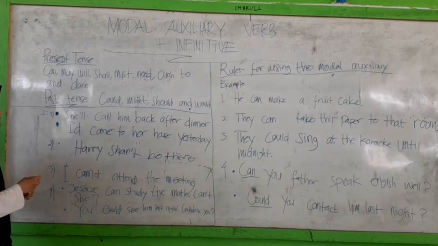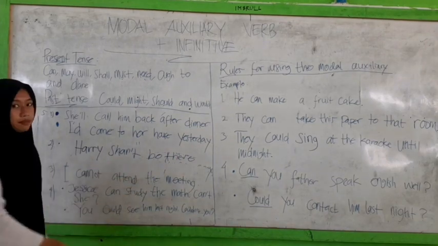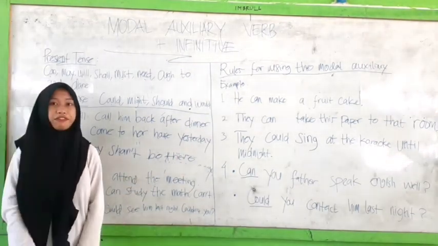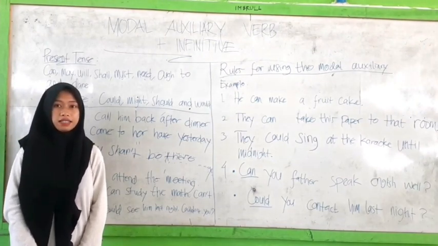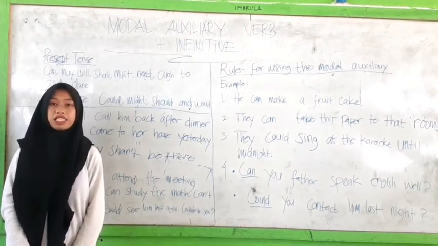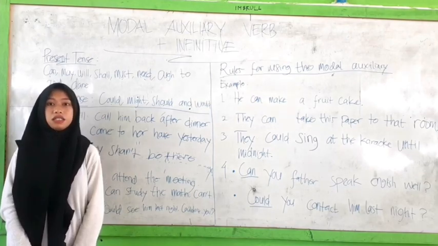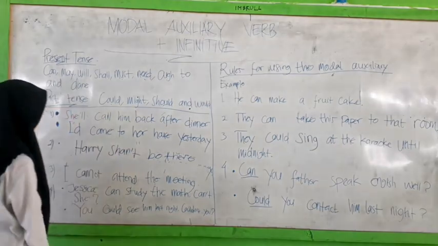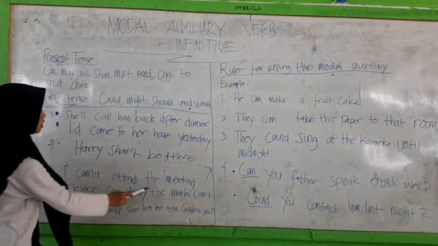For example, Harry shan't be there. Can and not are not written in a short form or contraction form. Can and not are made into one word, namely cannot. Example, I cannot enter the meeting.